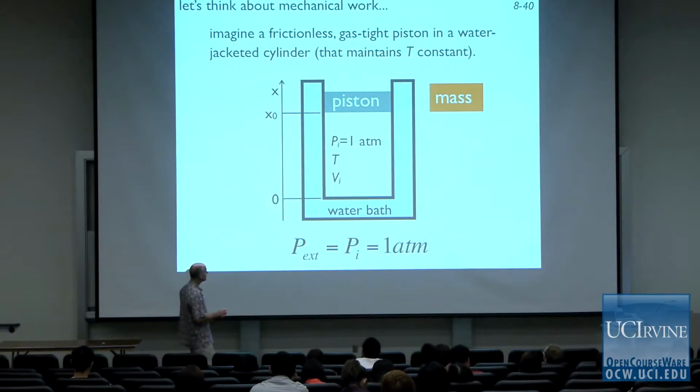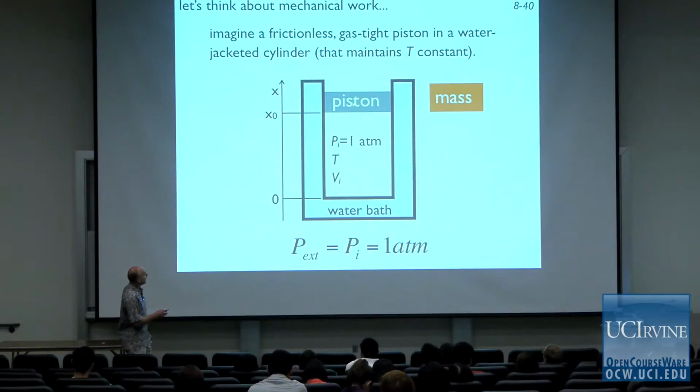This axis extends from x equals 0 all the way up to x0. That's the initial starting point of the piston. The piston also has an area A that I'm not indicating in this diagram. There's a pressure inside the piston of 1 atm. There's a temperature that we're going to maintain constant using this water bath. And the initial volume is V sub i.